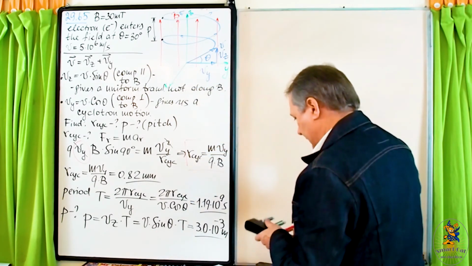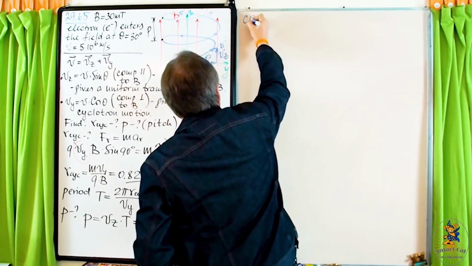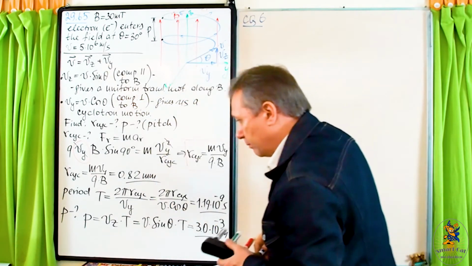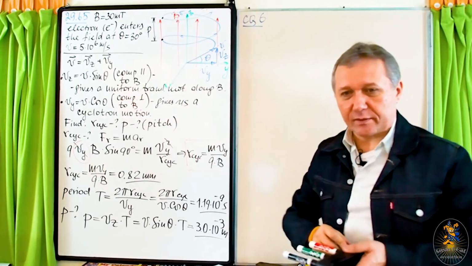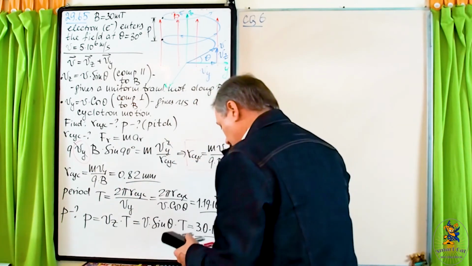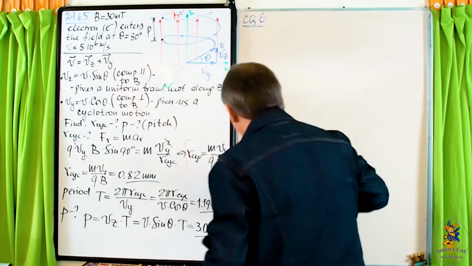So this is conceptual question 6, parts A and B. CQ6. Okay, it looks like I need to change the blue marker, because these blue and green markers are kind of bright, difficult to see, not enough contrast.